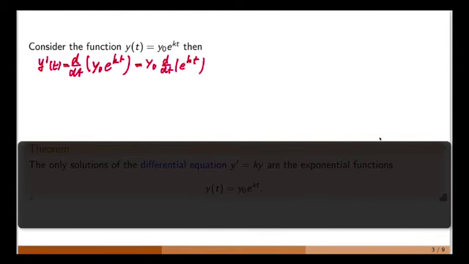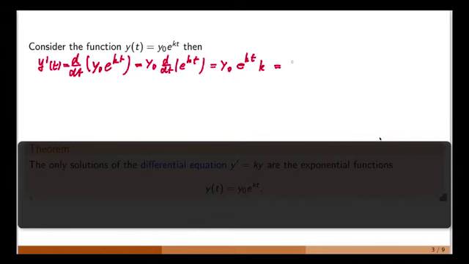And now for this exponential, we have to use the chain rule where the outer function is the exponential function and the inner function is just k times t. So then we get, first of all y0, and then the derivative of the outer function, which is just the exponential e to the kt, times the inner derivative, and the derivative of k times t is just k.